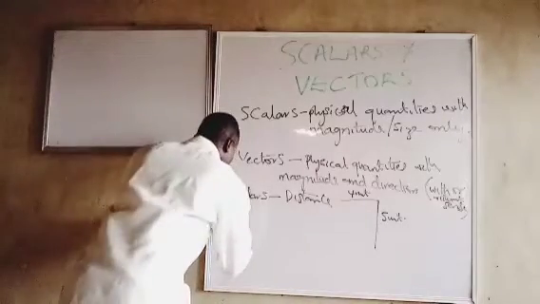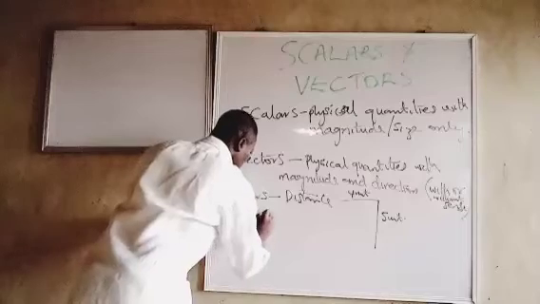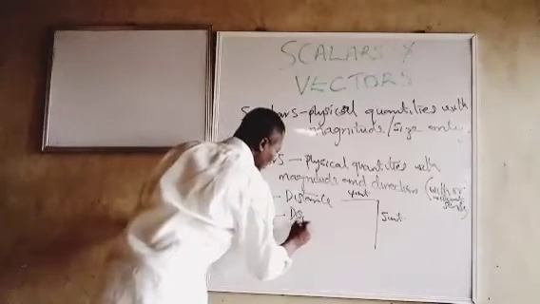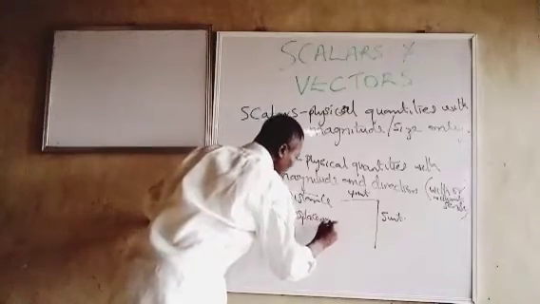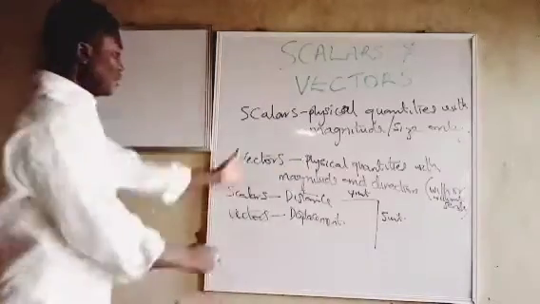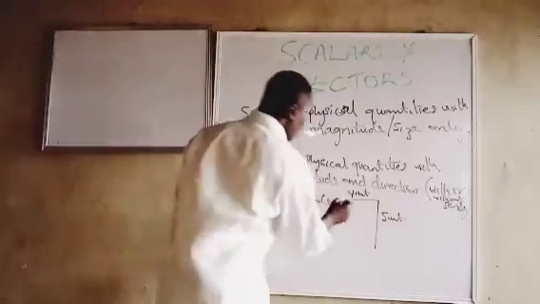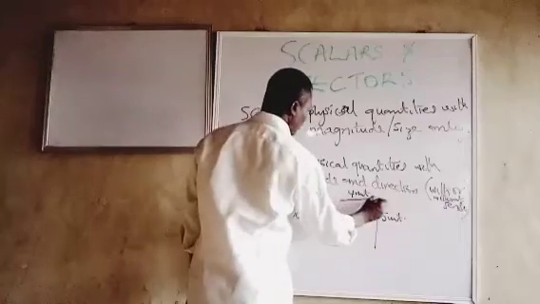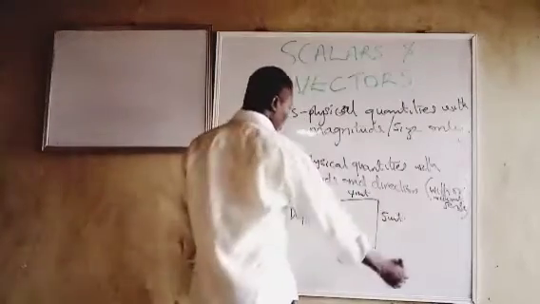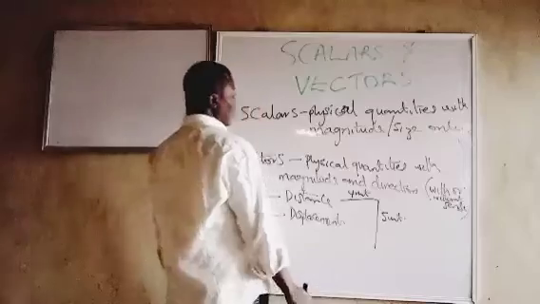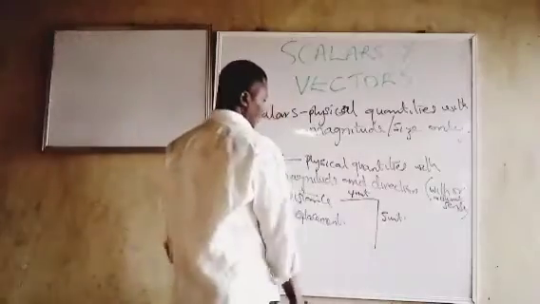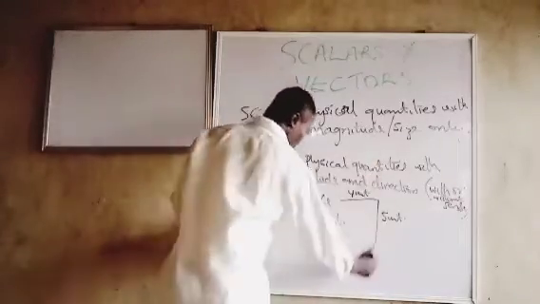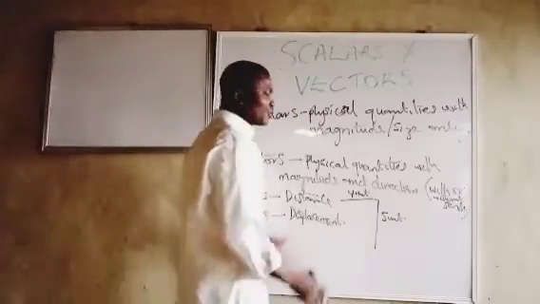But in vectors, we have what we call displacement. If you are going to talk about this, you need to say he moved 4 units to the east, and then 5 units to the south. You have to specify the direction.